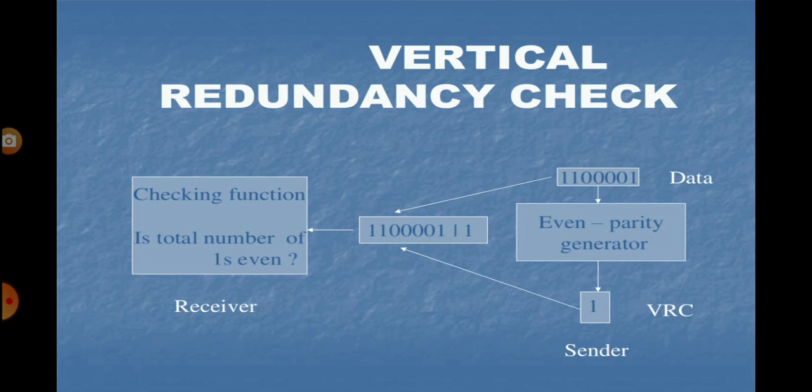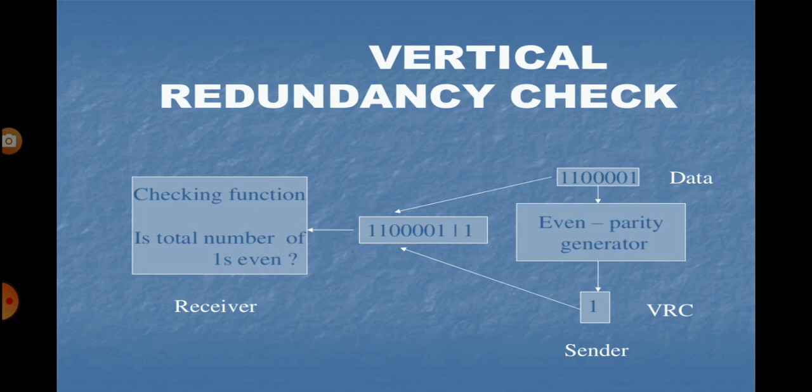Vertical redundancy check. Figure shows vertical redundancy check. Checking function for the receiver: is the total number of ones even? Their data is 1100000111. Then vertical redundancy check can be checked at the even or odd numbers.